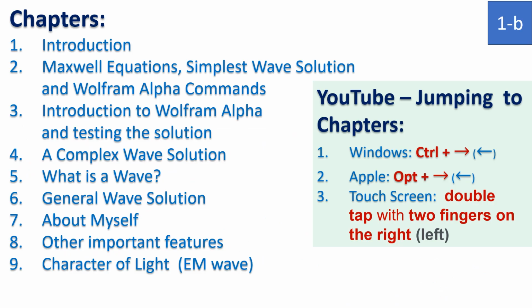We have divided into following sections so you can use the YouTube features to directly jump to the sections. In Windows, you can use Control and forward arrow or backward arrow to jump to the sections. YouTube calls it chapters, so we have written chapters, but it is really sections in our context.